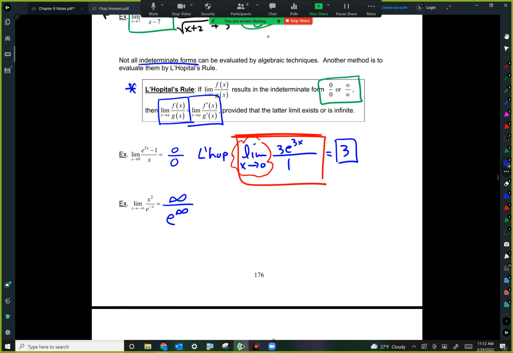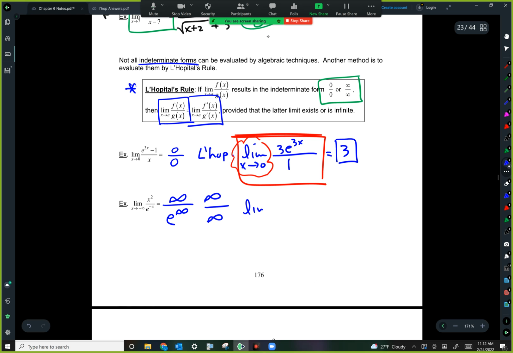Tracking with me there? But what is e to the infinity? E is like 2.7. And if I raise that to a giant number, isn't that just an even gianter number? So do you see that this is infinity over infinity? Everybody okay with that? So that means, good, I can use L'Hopital.